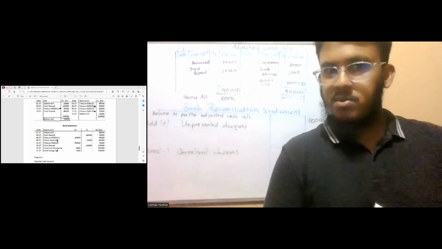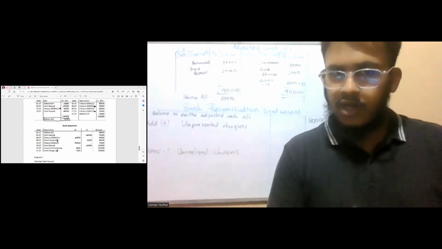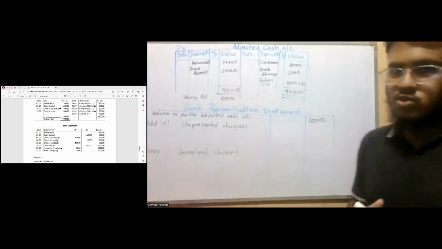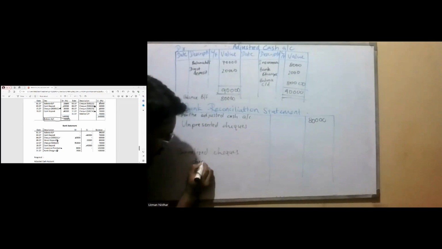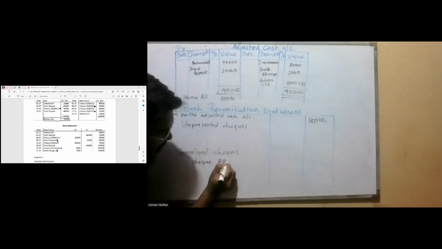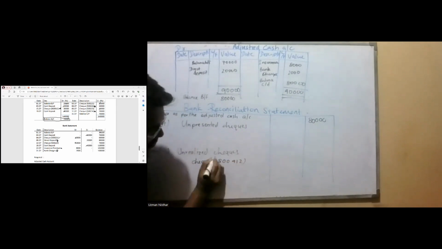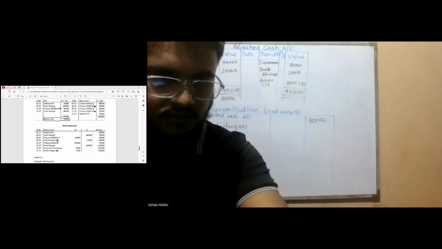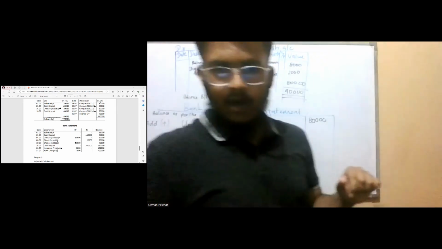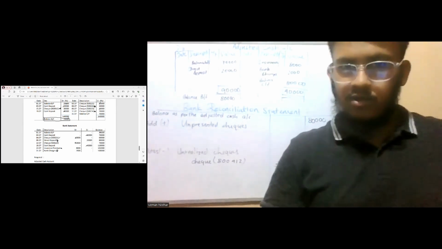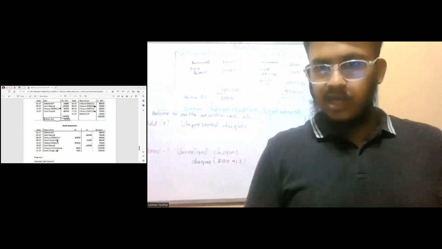So check number 800912, it's not there in the bank statement. So we should record that. That's an unrealized check. If we have the check number, we should write it: 800912. What's the amount? 30,000. And then we have unpresented checks, only that one on the debit side.